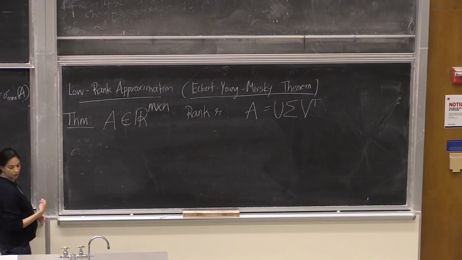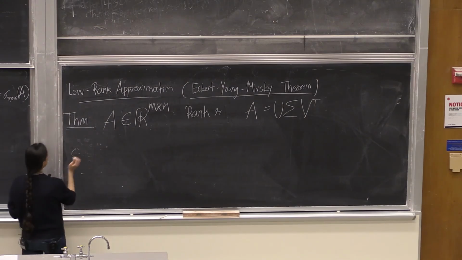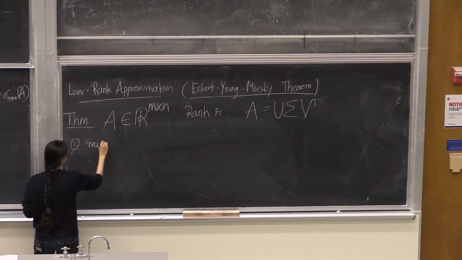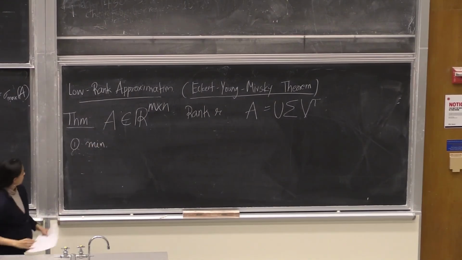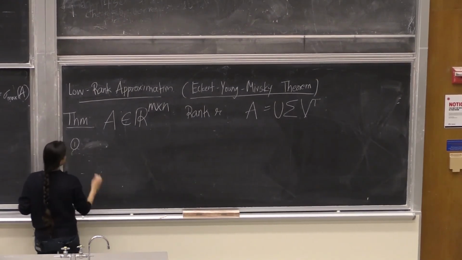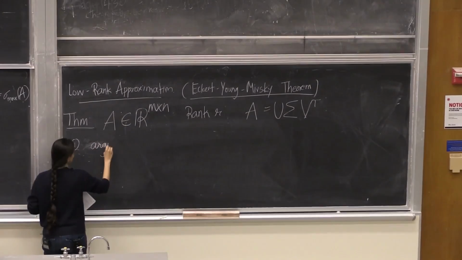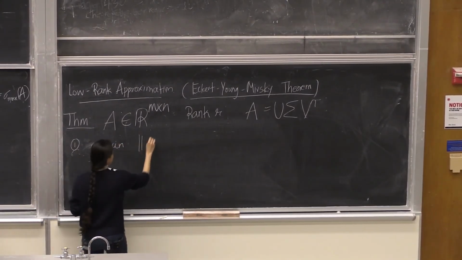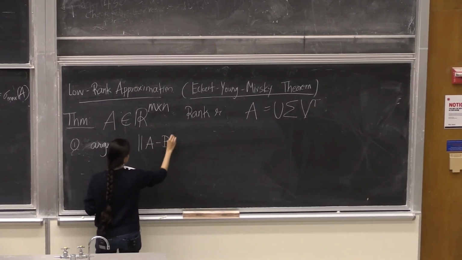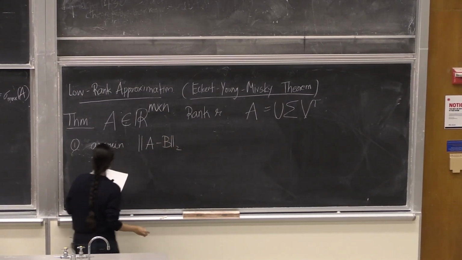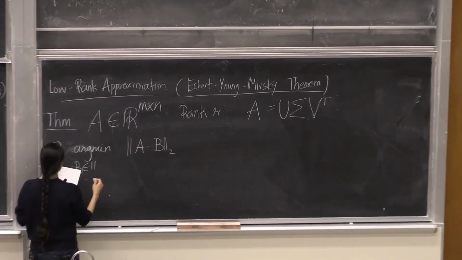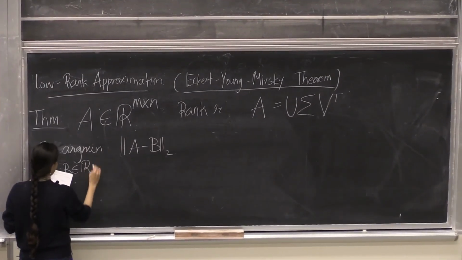And so what we want to think about is, first, I want to find, maybe I want to say argmin, I want to find the matrix B such that B belongs to R m by n.